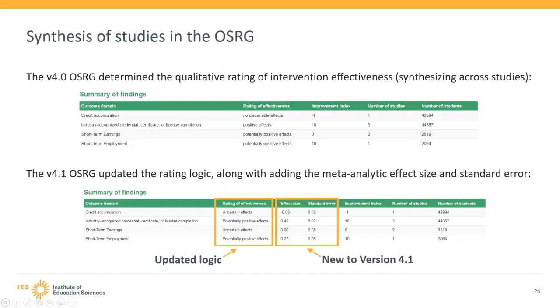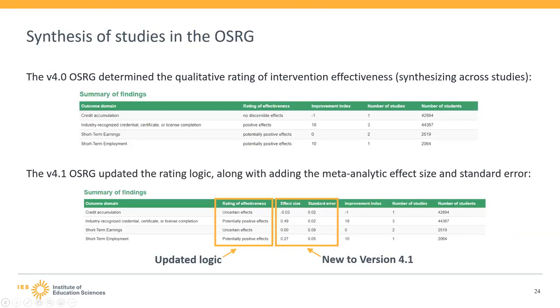This slide contrasts the summary of findings tables that the OSRG will automatically generate in version 4.0 versus 4.1 intervention reports. The version 4.1 table includes 2 new columns, for the meta-analytic average effect size and meta-analytic standard error.